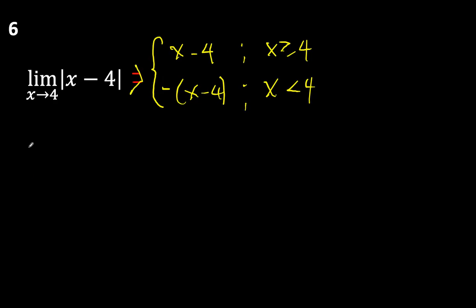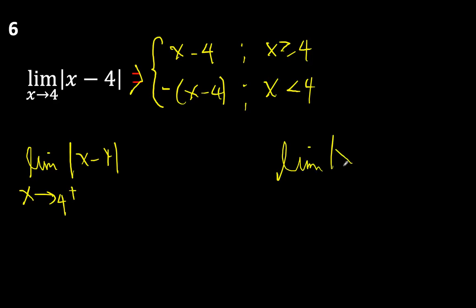So let's now find the one-sided limits of this function. The limit of the absolute value of x minus 4 as x approaches 4 from the right first, and the limit of the absolute value of x minus 4 as x approaches 4 from the left.